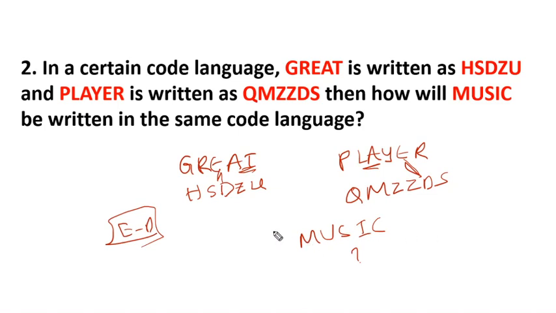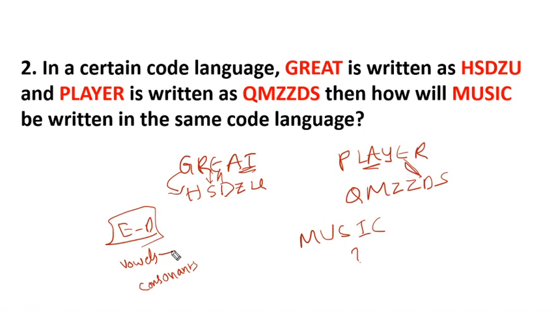If you see, G's next letter is H, R's next letter is S, E's previous is D, A's previous is Z, and T's previous is U. That means we can classify the letters in the English alphabet into two types: one is vowels, the other is consonants.